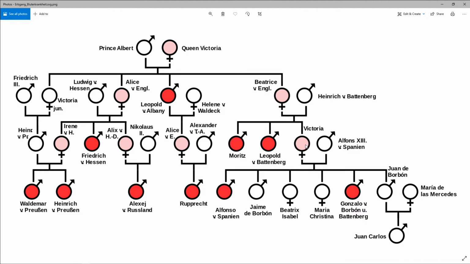And another Victoria, Queen Victoria's grandchild, is a carrier. And again, this passes on into another family. This is the Spanish royal family over here. So, as you can see in the European royal family, if you look at this chart carefully, you can follow the path of the dysfunctional allele through the population.